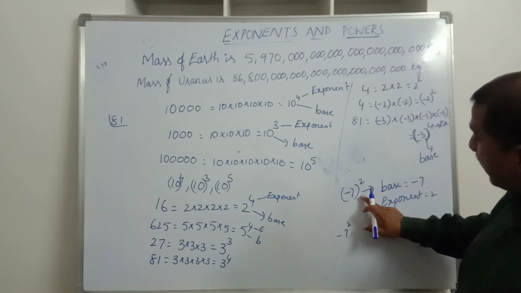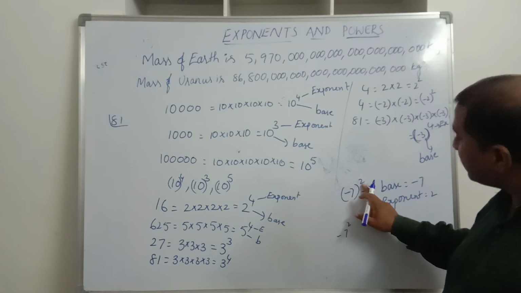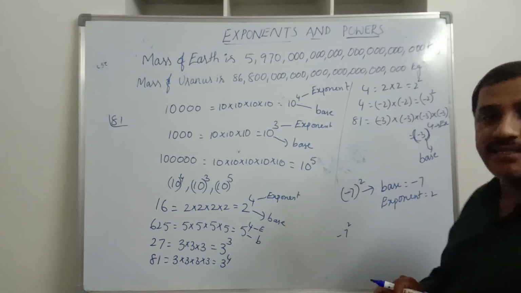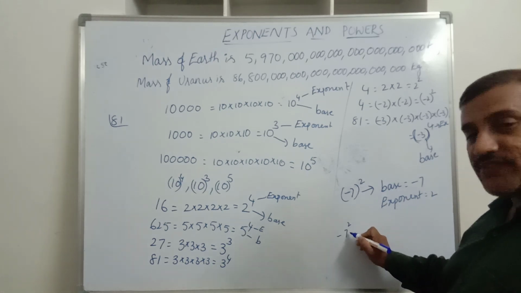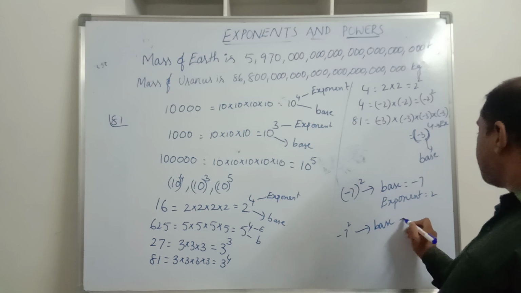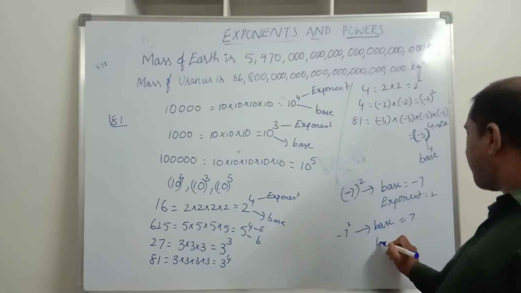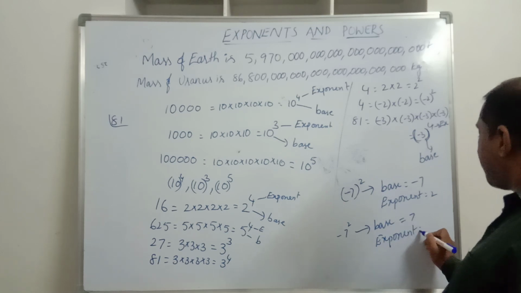Here if you observe, we have a bracket for minus and 7 and the square is there, that power 2 is there for both minus and 7. Here minus 7 square is there for only 7. Here the base is equal to 7 and the exponent is 2.